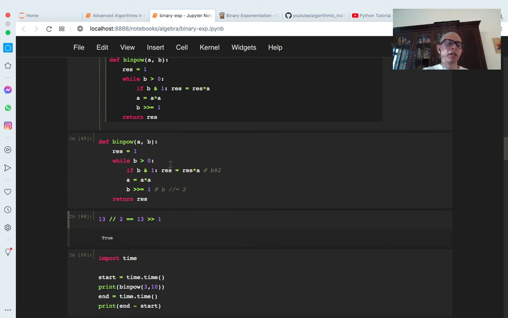And you can also use the knowledge of binary operations already. So that's what's happening here. We just divide b by 2, and if b is still greater than 0, we do our operation, and we just continue until b equals 0, and we return the result.